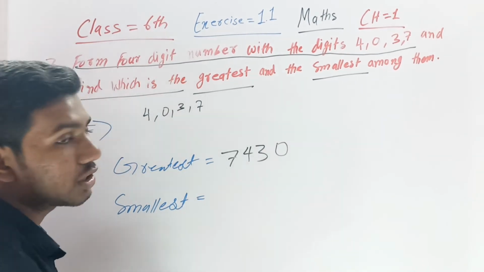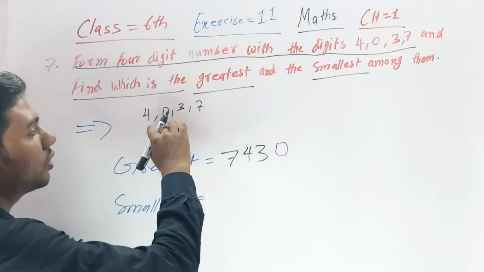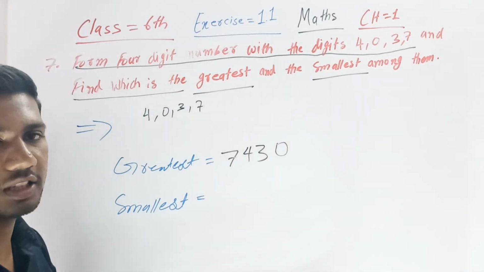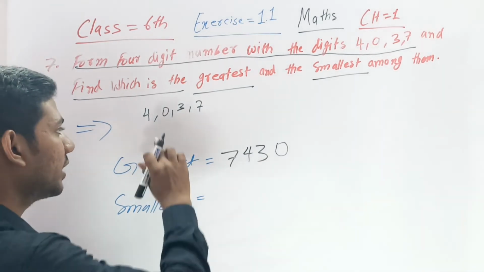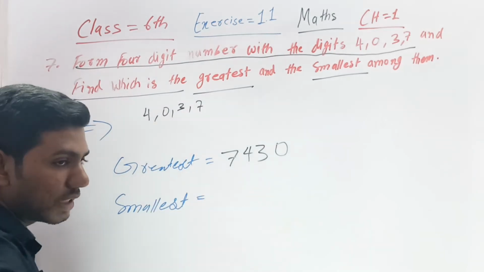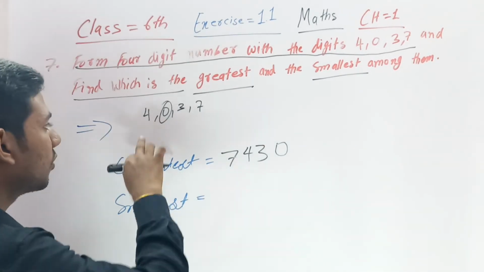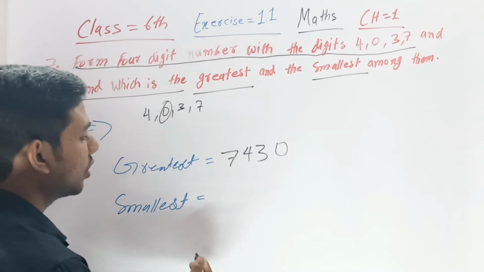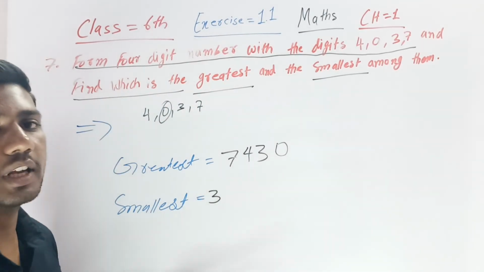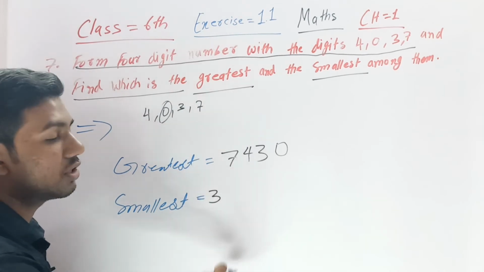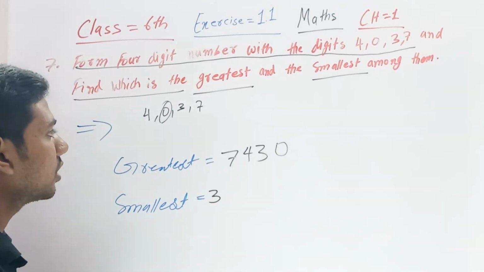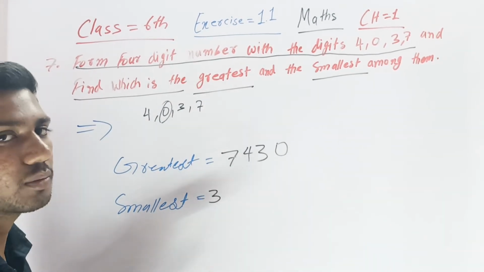So what is the smallest number? If you write 0 first, it becomes 3 digits. So don't take 0 first; take another number apart from 0 which is smaller. Among 4, 3, 7, which is smaller? 3 is smaller. Write 3. Now you can use 0, because then it will not be 3 digits, it will be 4 digits only.